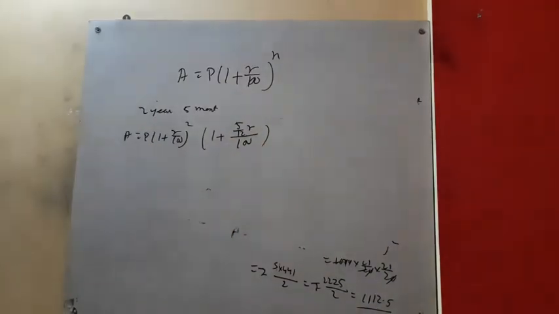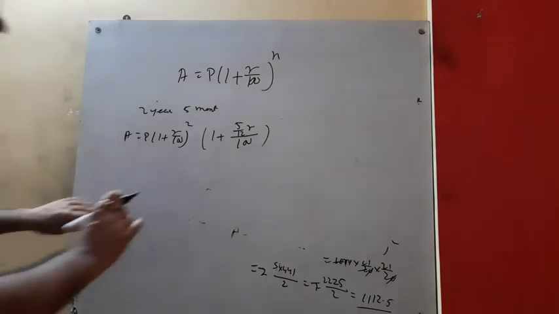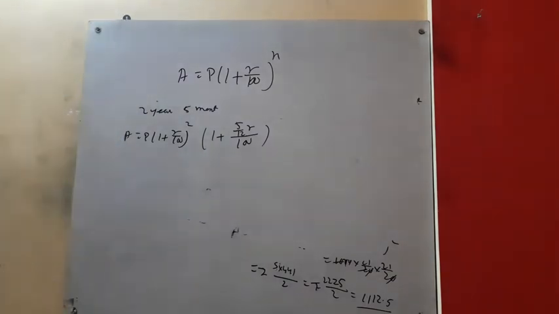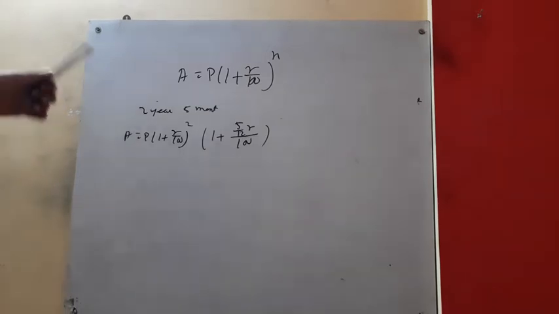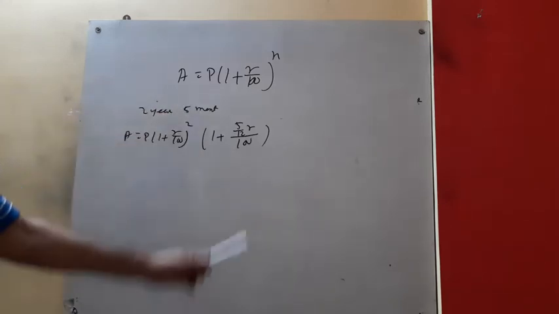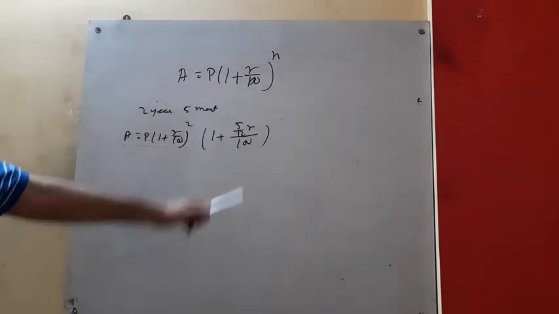In this way we can get the total amount after 2 years 5 months. Why 5 by 12? Because 5 months converted to years is 5 by 12.